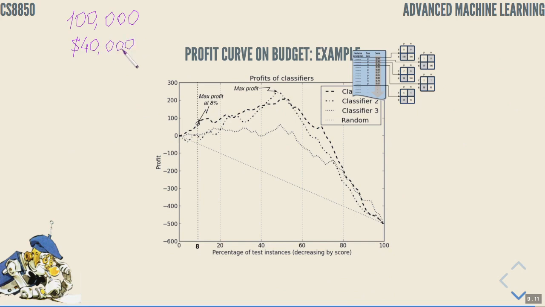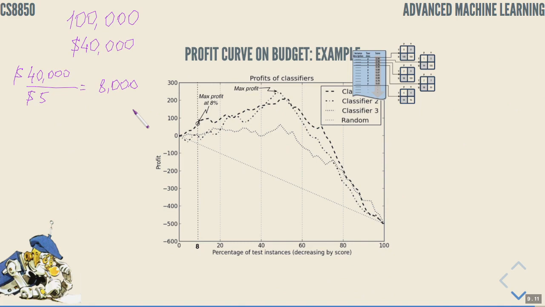What shall we do? Well, the profit curve can help us there as well. $40,000 at $5 per marketing brochure gives us 8,000 customers that we can send the offers to.